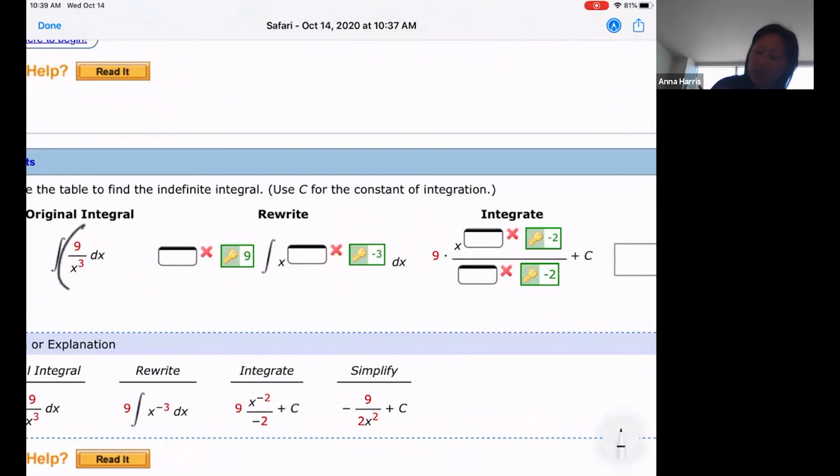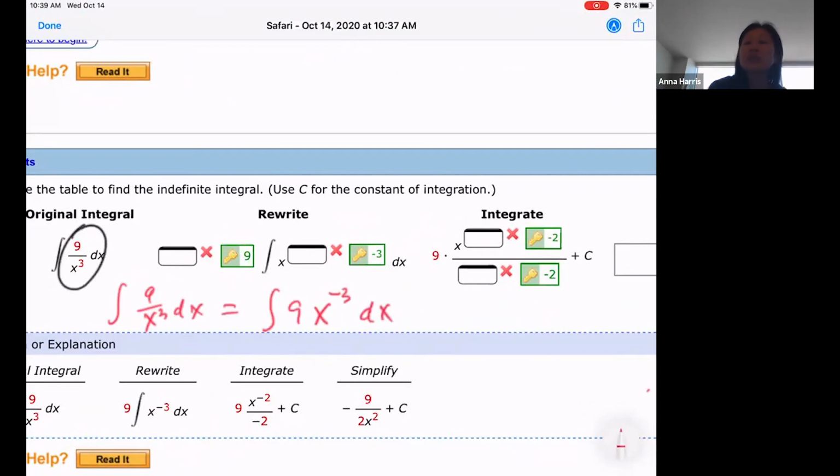They gave you this problem right here. You need to rewrite this problem as 9x to the -3rd dx. Well, you can rewrite this problem by putting the 9 in front and then x to the -3rd dx. Okay, that's what they did right here.